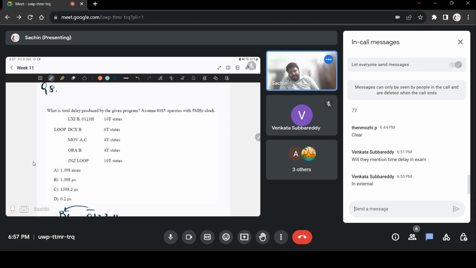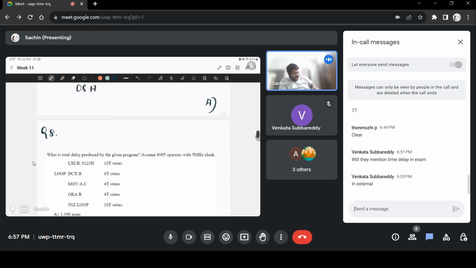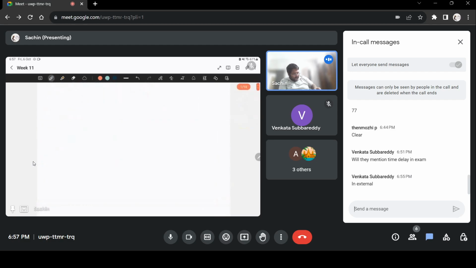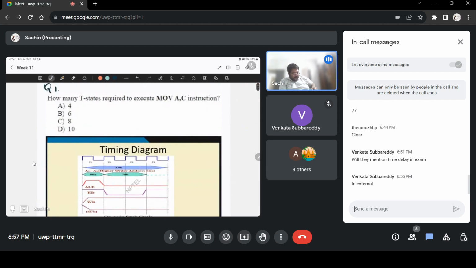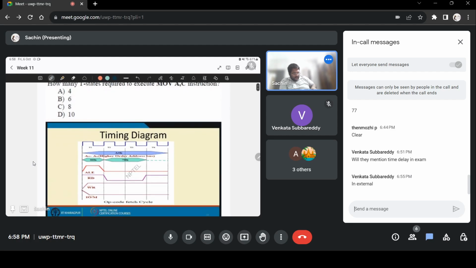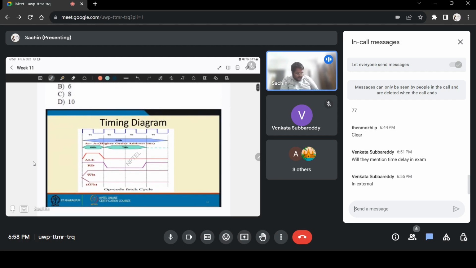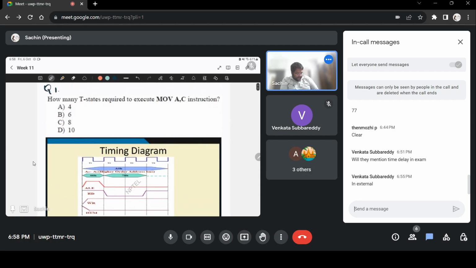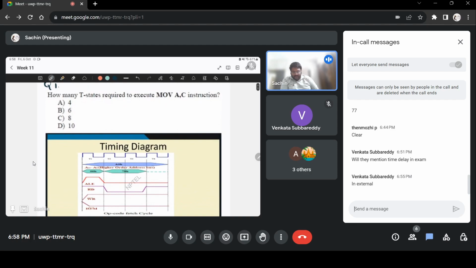For example, for the first question in today's assignment, we did it for MOV A,C: how many T states are required to execute it. So for this you know the timing diagram. First you have to fetch the instruction.